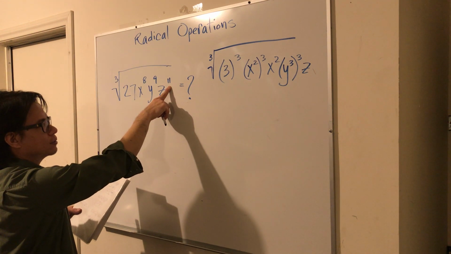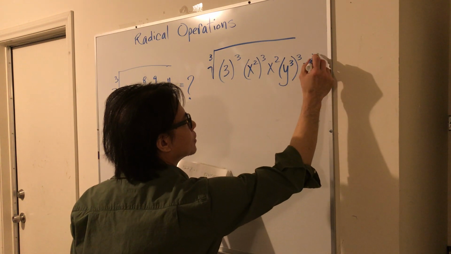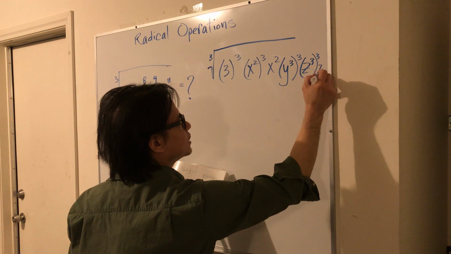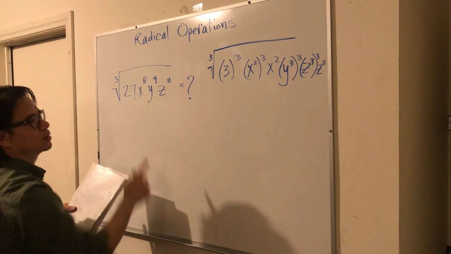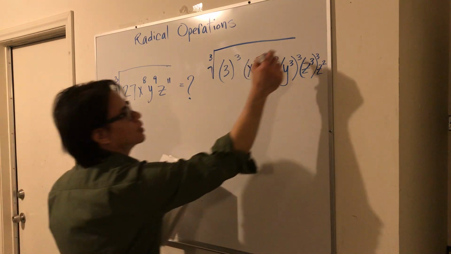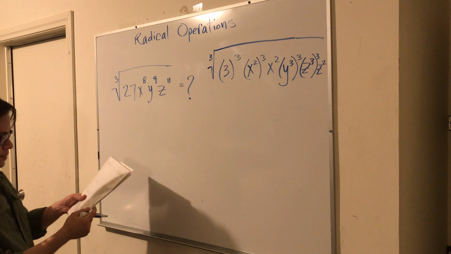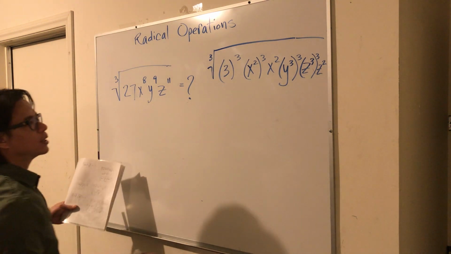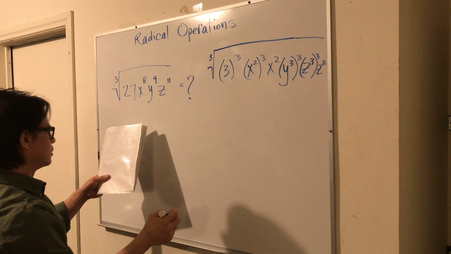Close to 11. 3 times 3 is 9, so we'll go z to the 3rd, and then you need z to the 2nd to make 11. Okay? All of this is in the 3rd root. Tedious work again, but you just have to watch the exponents here.